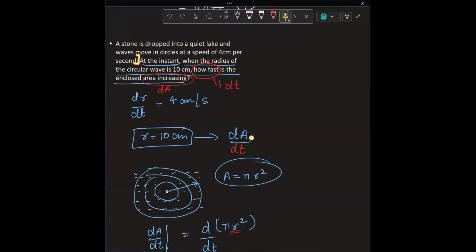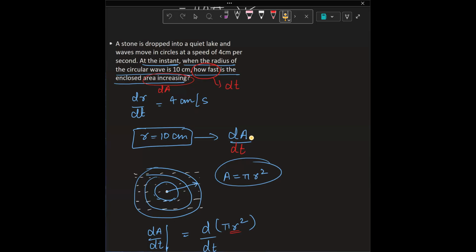That 4 centimeter per second means there is a movement of the radius, across the radius, with a speed of 4 centimeter per second. This is 4 centimeter per second, which means dr/dt is given. See, this is centimeter and this is time, so definitely this is r and this is t. So dr/dt is given, that is 4 centimeter per second.